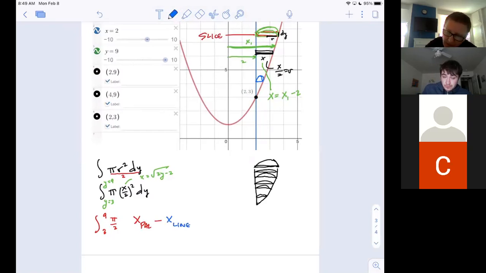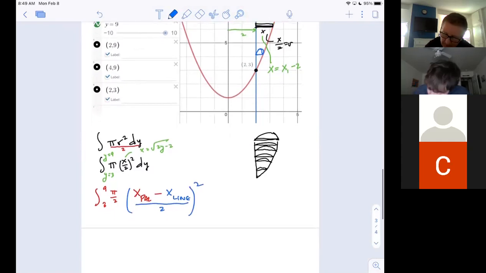This is what I was saying back here earlier. To get just that x right there, I've got the x value of the parabola minus the x value of the line. And that is what I am dividing by 2 to make a radius and then squaring. The question is, can you agree with that?